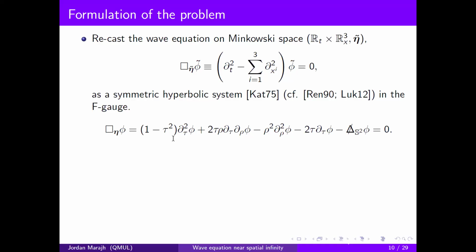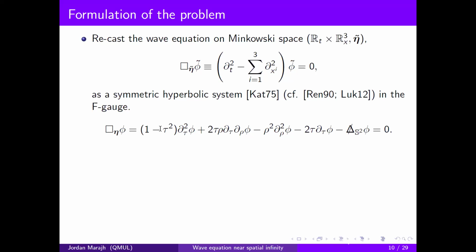So what happens is that when tau goes to plus or minus 1, this leading term in the wave equation vanishes, right? And then this is where you introduce some kind of degeneracy. But if rho is positive and tau is plus or minus 1, so I'm at future null infinity, but not necessarily at spatial infinity, this is just like some kind of coordinate degeneracy or singularity, if you like.